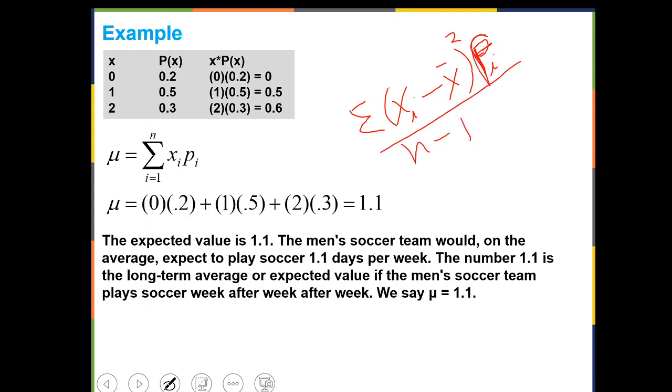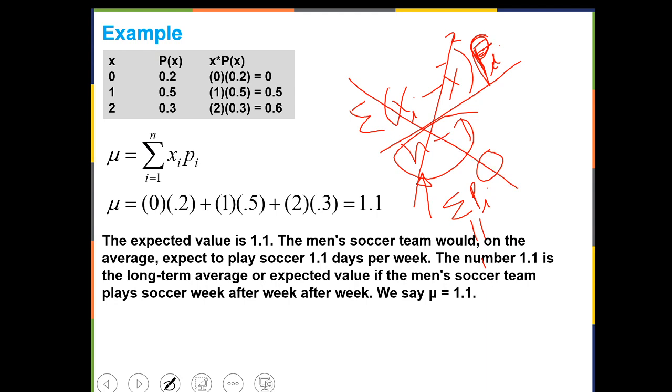Now if you change this to pi, then we would have to divide by sigma pi, which is 1, minus 1 is a 0. Denominator cannot be 0 in mathematics. So that means the calculator cannot use the sample standard deviation formula. It has to use the population.